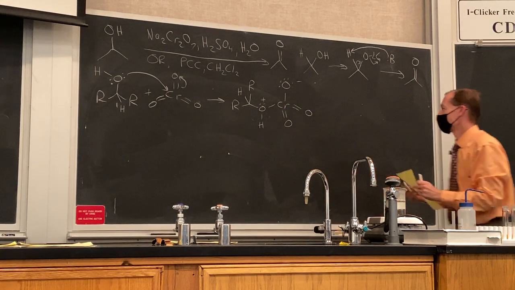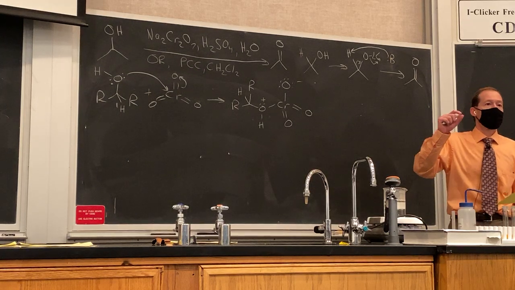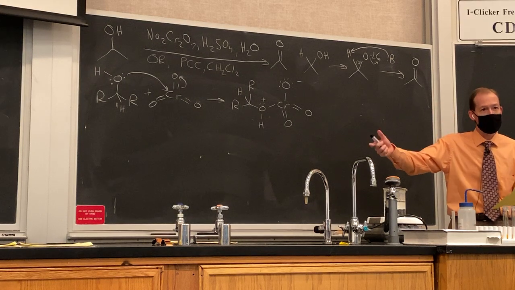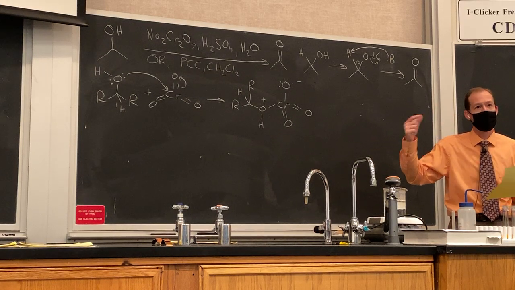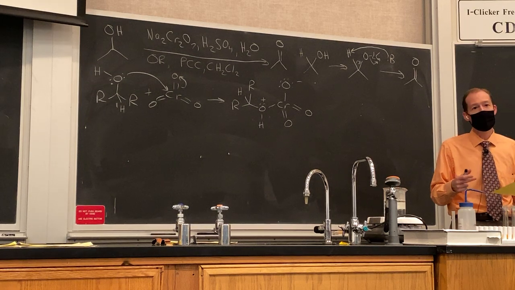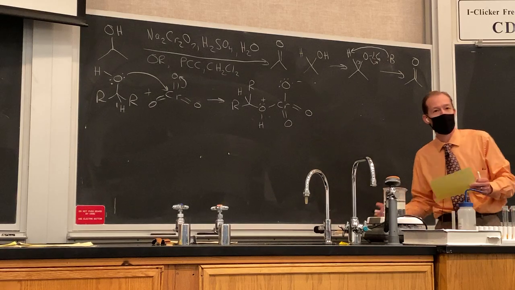So this is the intermediate we get after an alcohol attacks chromium trioxide. If you look at the mechanism in the book, it just has these magic words, proton transfer over an arrow, and then draws an intermediate without showing any curved arrows. We're not going to do that. We're actually going to show you the individual proton transfer steps because it's important to understand what's going on.